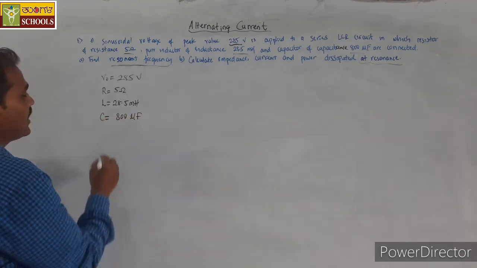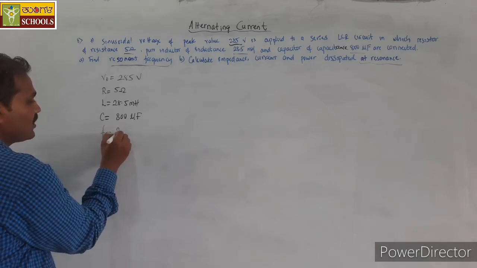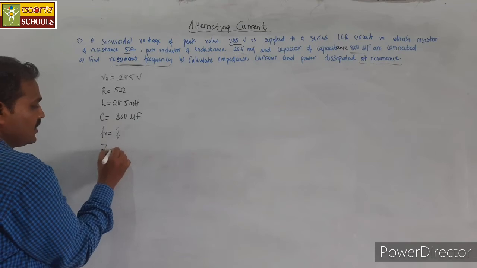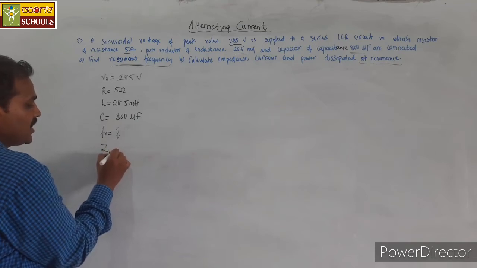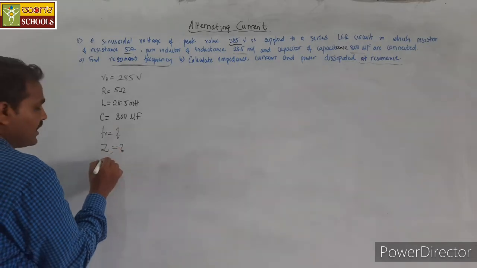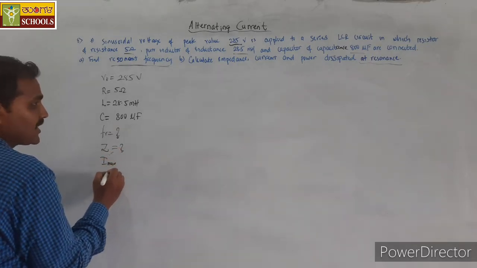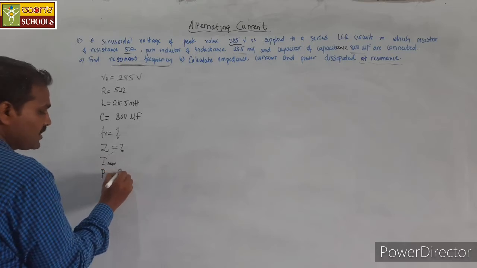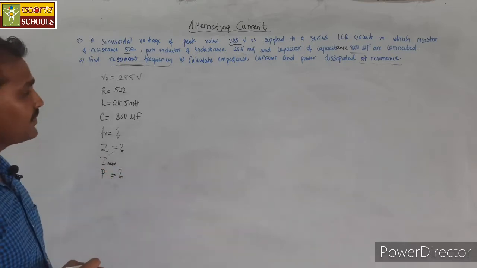We have to find the value of fR, that is the resonant frequency, and the impedance of the circuit, that is Z minimum. Z is question mark. Then the current, that is the maximum current in the circuit, and the power dissipated at resonance I have to find out.